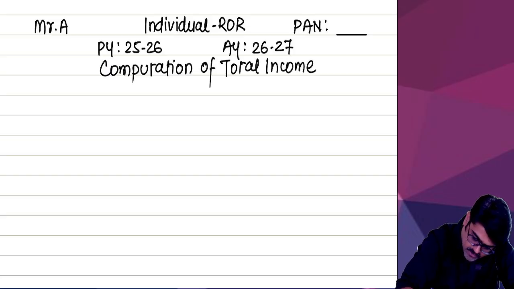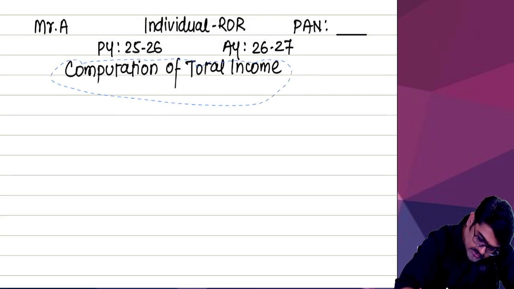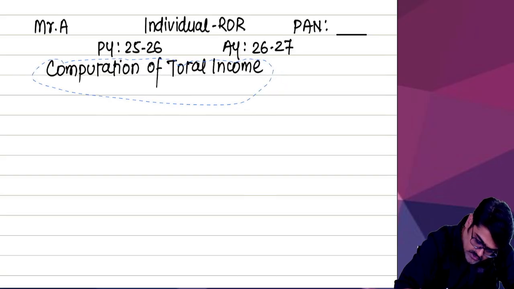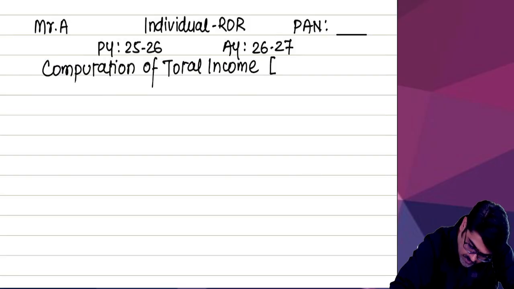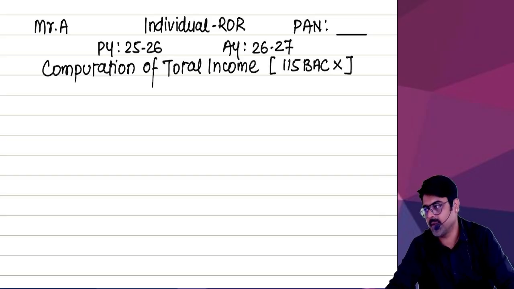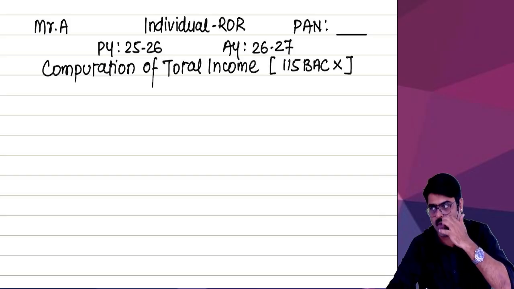Write down one thing in the bracket: you are computing the total income, assuming that the assessee is not following 115BAC. Meaning the assessee is in the default scheme or the optional scheme? Optional scheme. Not following 115BAC.